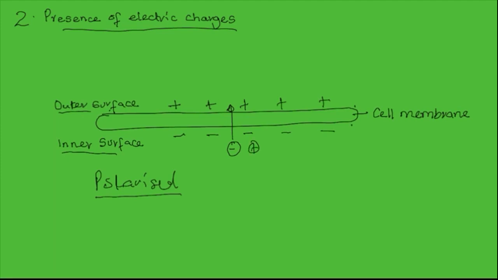This negatively charged particle will be attracted by the positive charge on the outer surface, so it will move faster compared to the positively charged particle. On the other hand, a negatively charged particle will cross the cell membrane faster from the outside and into the cell, again because of the polarization of the cell membrane, whereby the outside is positive and the inside is negative.